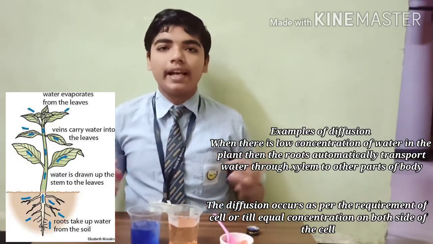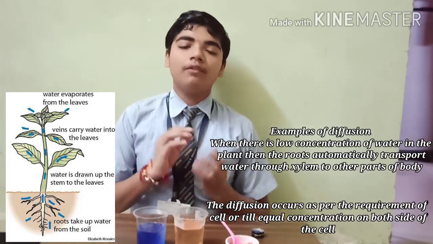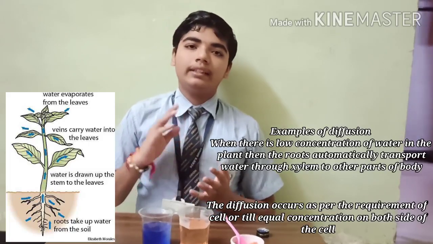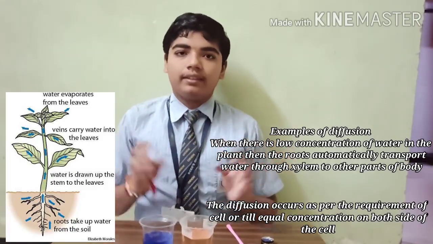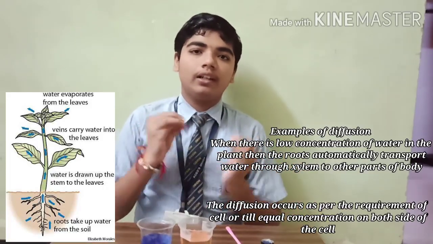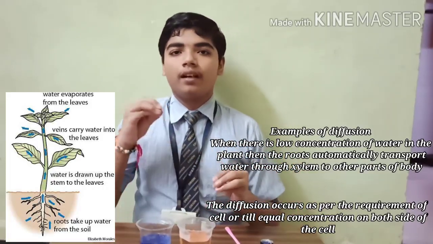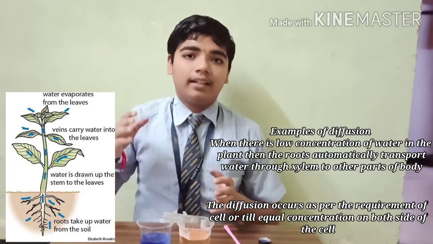So roots take up the water by xylem, the water conducting tissue, and transport all the water throughout the plant. That means there is an equal concentration of water, same as in the cell.